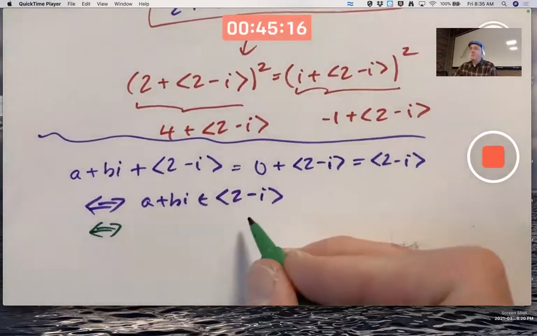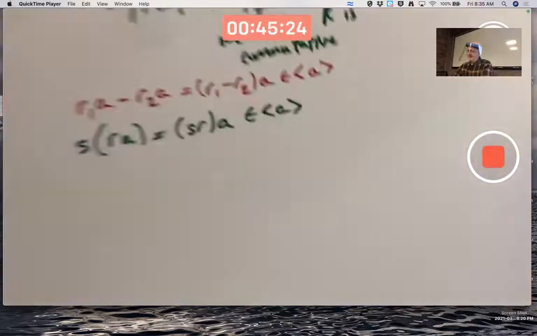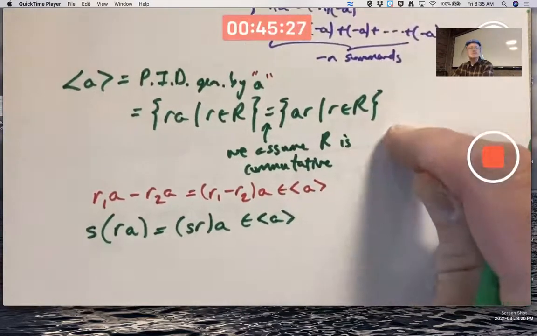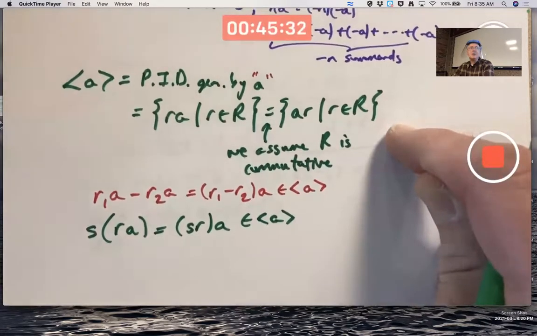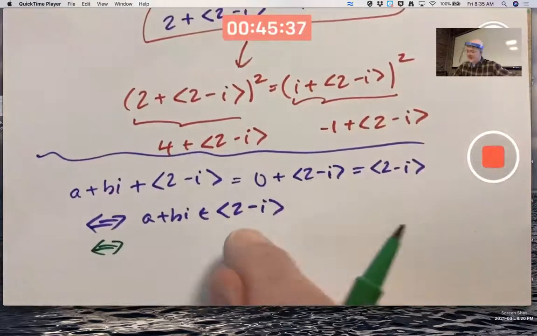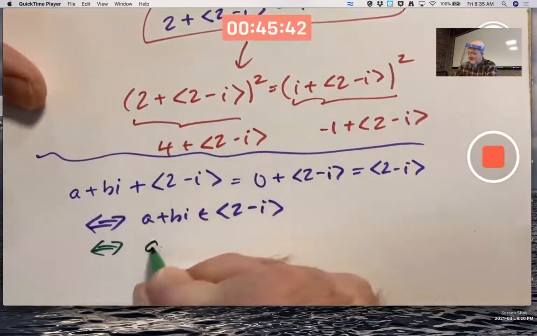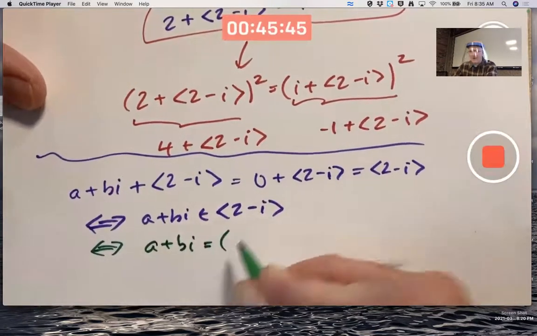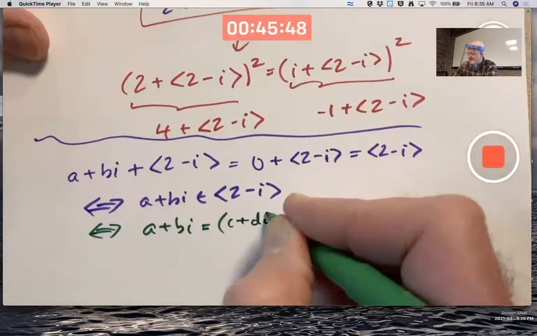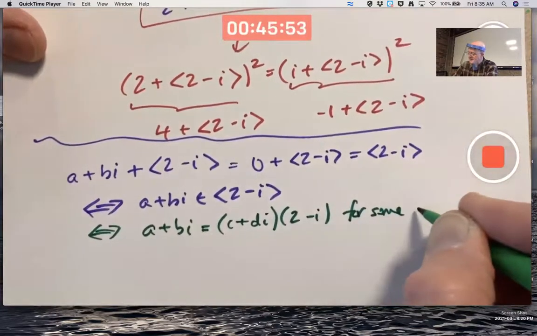Well, you got to go back to the definition of a principal ideal. That right there. All ring multiples of a. In this case, all ring multiples of 2 minus i. So this is equivalent to saying a plus bi equals, I don't know, call it c plus di times 2 minus i for some integers c and d.